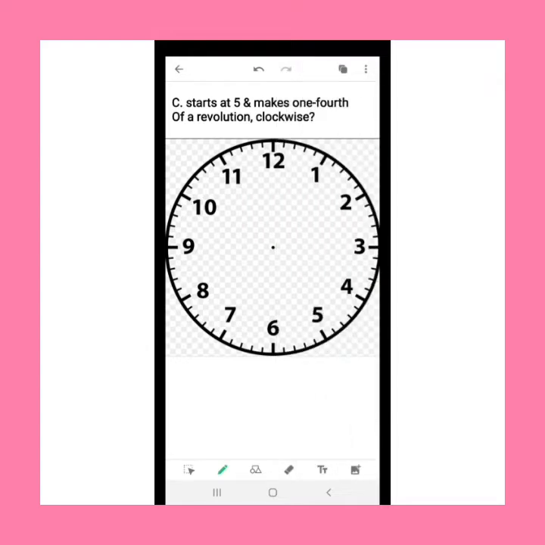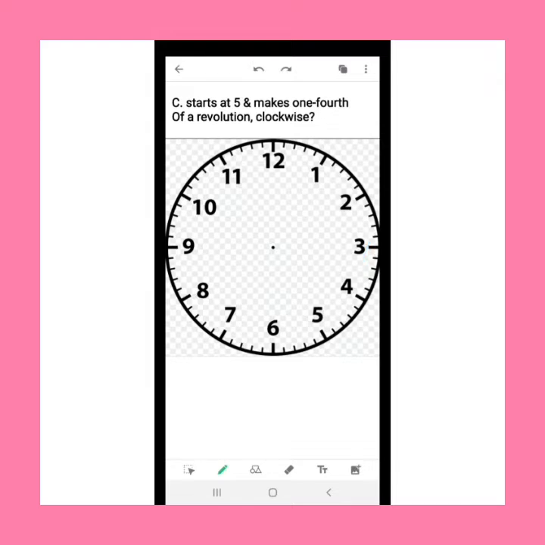Next, the question is: starts at 5 and makes 1/4 of a revolution clockwise. We all know 1/4 is half of a half part. Like if I start from 12, the half part is up to 6, so 1/4 will be up to 3 only. Now here it starts from 5.